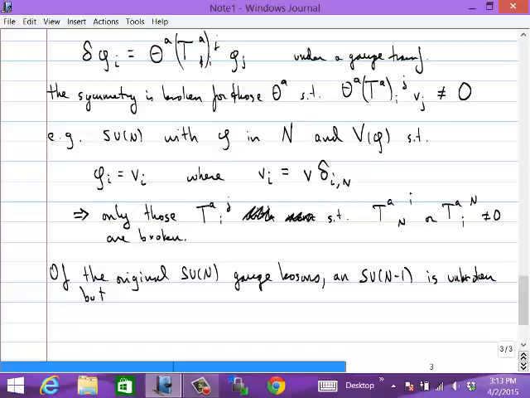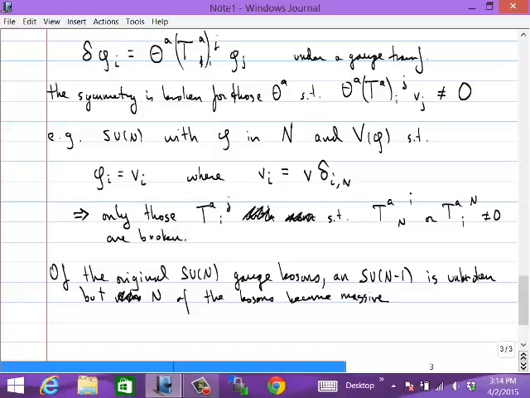But you still have 2n-1 of the gauge bosons that now become massive, corresponding to those traceless Hermitian matrices T^A in the space whose last column is non-zero.